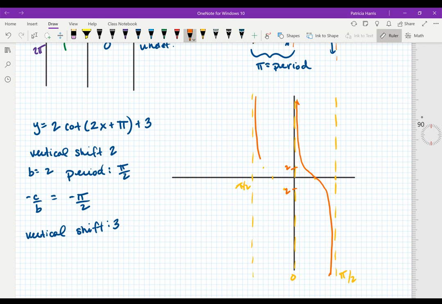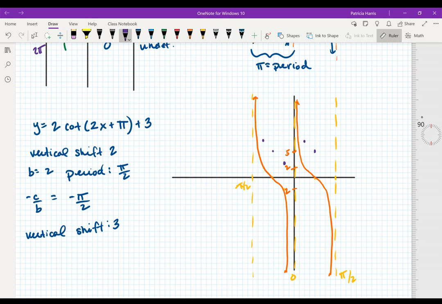So here's me phase shifting it. And the last thing I need to do is move everybody up 3. So if this is 2, then up 3 would be up to 5. Take everybody and move it up to 5. So this would be 7. This would be 1. No, wait. That would be 3. And just like that. So not too bad.